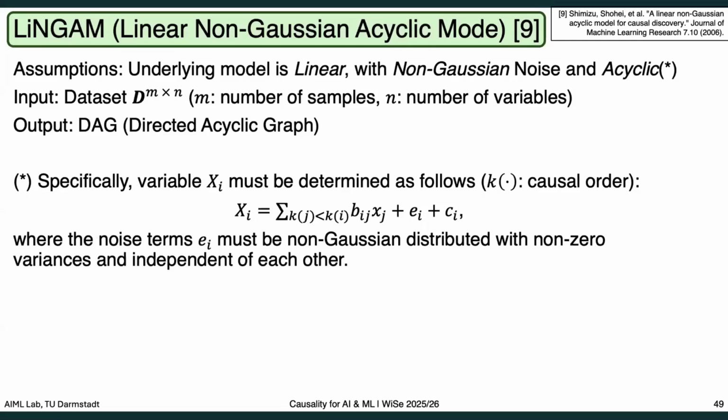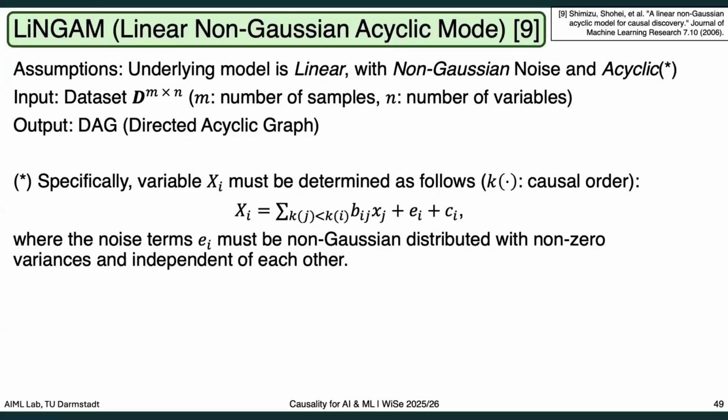To take a look at the assumptions in full, each variable must be determined as follows by its parents. This is an additive noise model, but a more specific one, because here the functions are linear, right? Each parent has a coefficient b_ij, so a linear influence on the variable.